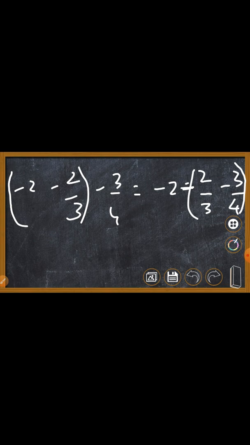So first, this one the answer, I will directly write the answer because there is no space. Yes, so here the answer of this bracket is minus 1 and minus 6 minus 8. Yes, minus 8 minus 3 by 4 is equal to minus 2 minus 12.